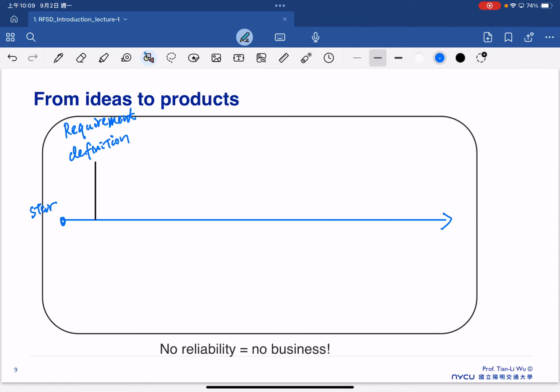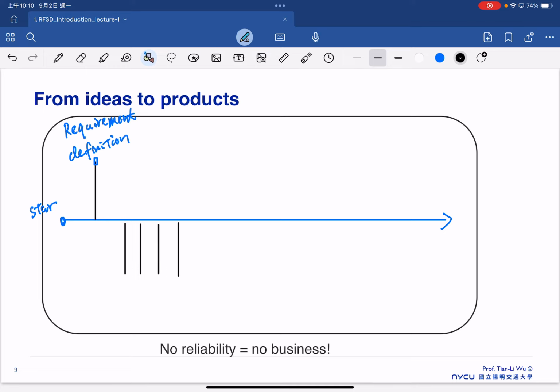For example, in your thesis, your professor will probably ask you to fabricate, for example, a 1,000 volt gallium nitride device, 1,000 volt silicon carbide, or a large memory window for a certain memory technology, and so on. So first, of course, we need to set a goal, and that's the requirement definition. And once we have a requirement, we start to brainstorm certain concepts that can possibly achieve this requirement.